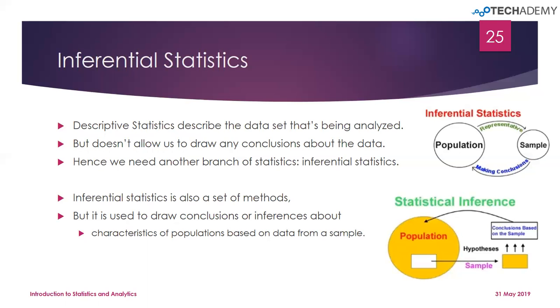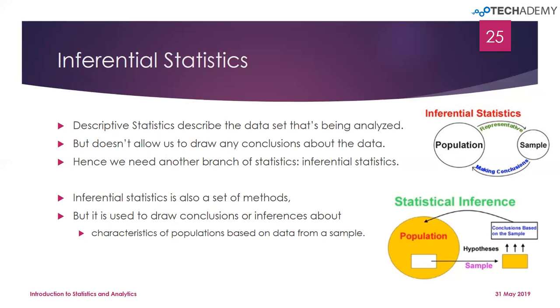Now coming towards inferential statistics. Descriptive statistics describes the data set that is being analyzed. It only describes it, but it doesn't allow us to draw any meaningful conclusion about the data, and the management cannot take any decision based on that. So we need another approach or another branch of statistics to enable the management to take some decision.